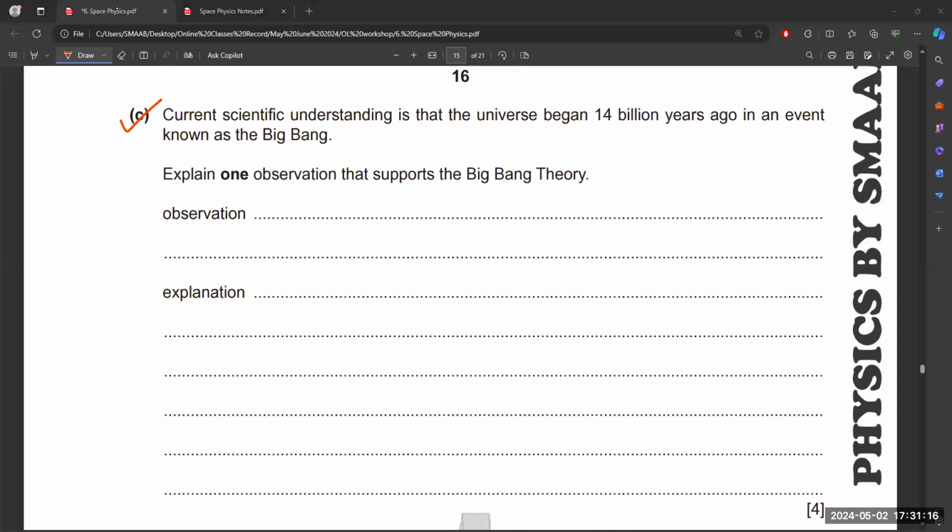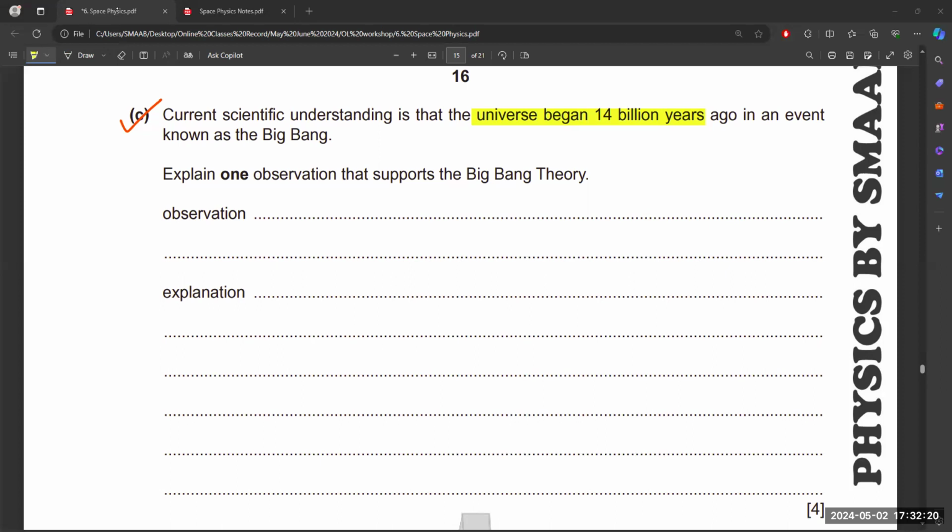Okay, so in part C, from the study, it is mentioned that the universe began 14 billion years ago in an event called the Big Bang.